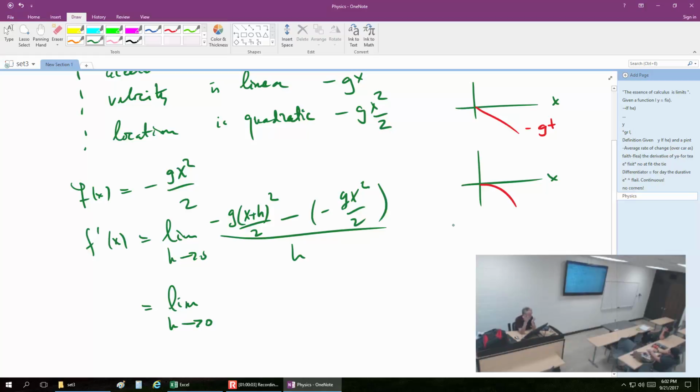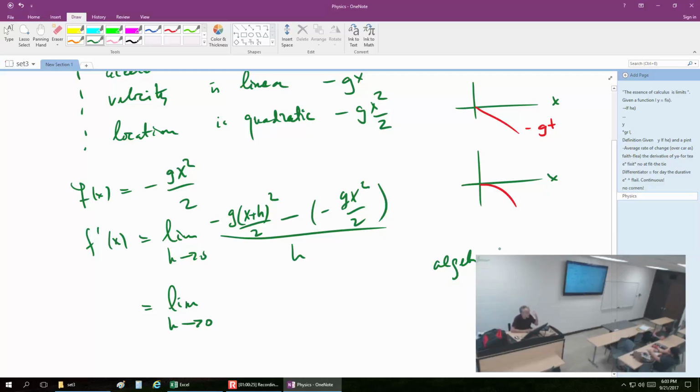So what's the standard answer? Indeterminate expression, how do we handle it? We forget about the limit for a moment and do what? Algebra.